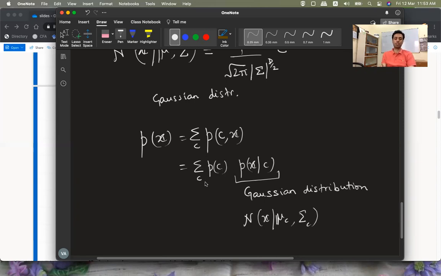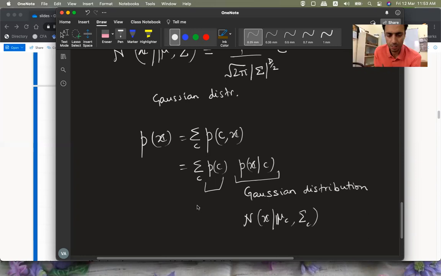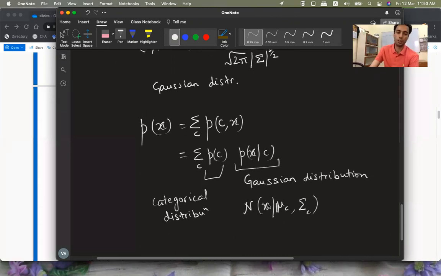What is this distribution? Prior probability, some prior knowledge. Yeah, but what is this distribution? It's called a categorical distribution. What does that mean?